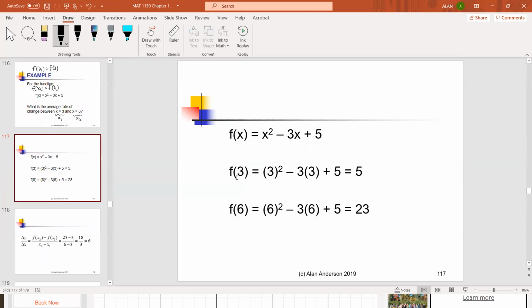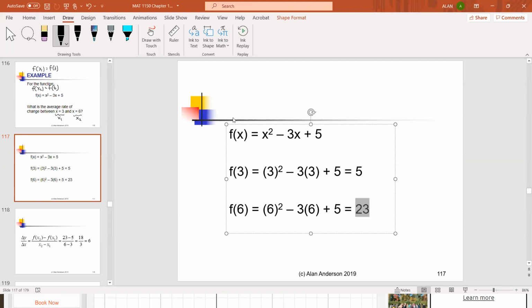Okay, so f of 3, now we're very familiar with this concept. Just plug in 3 for x, and you can see that f of 3 is equal to 5. And then f of 6 is equal to 23. So now we're ready to solve for the whole thing.